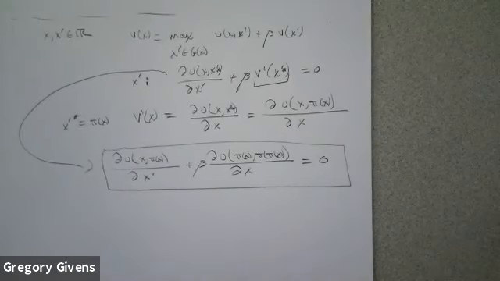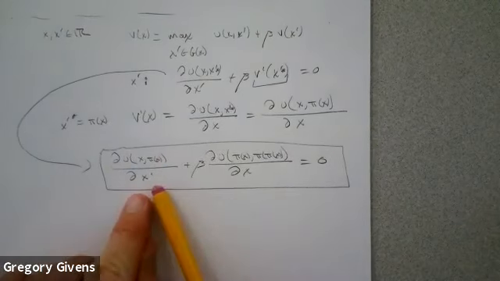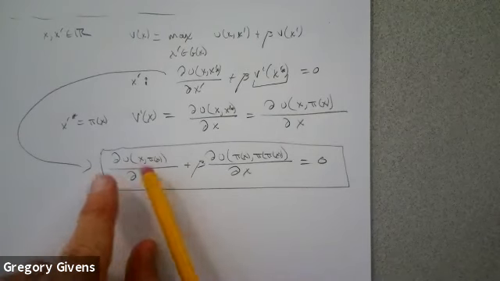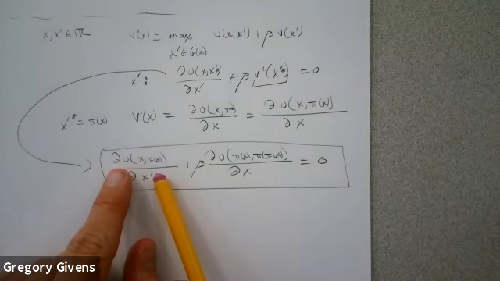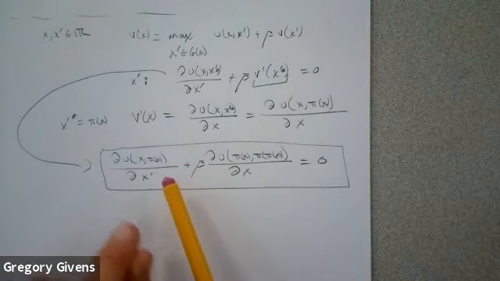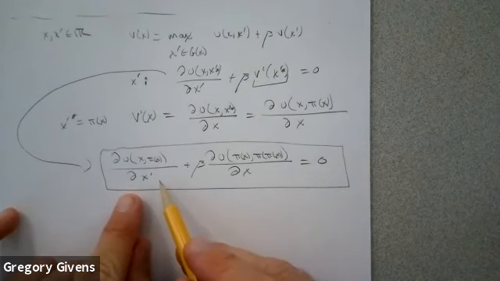The Euler equation has a straightforward interpretation. Okay, what's the first term here? That shows the marginal utility value of increasing the control today by 1 unit, right?